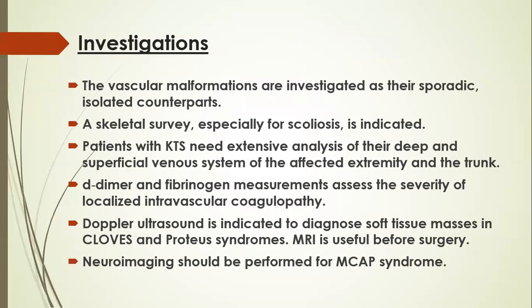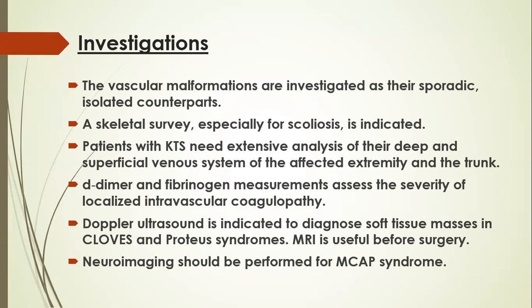Investigations. The vascular malformations are investigated as their sporadic, isolated counterparts. A skeletal survey, especially for scoliosis, is indicated. Patients with KTS need extensive analysis of their deep and superficial venous systems, of the affected extremity and the trunk.